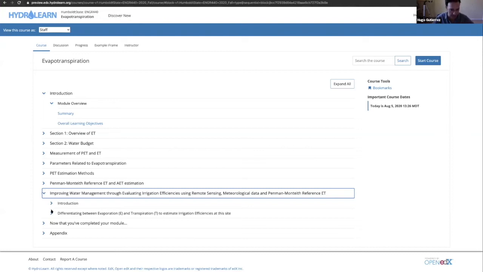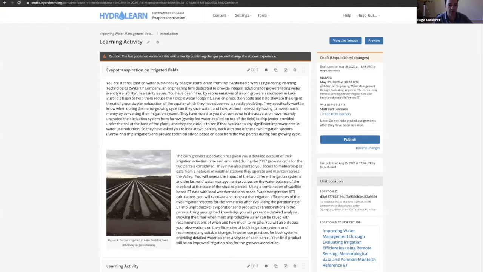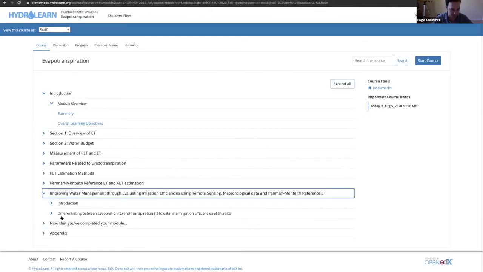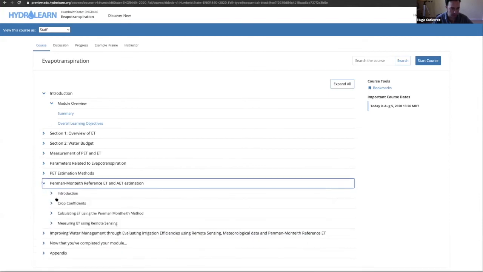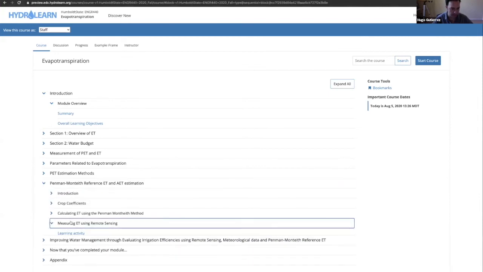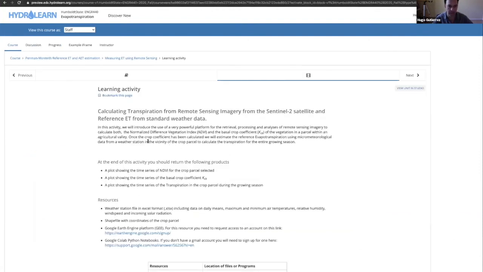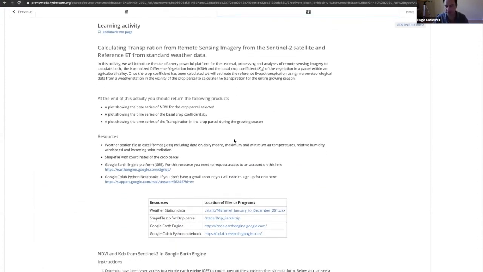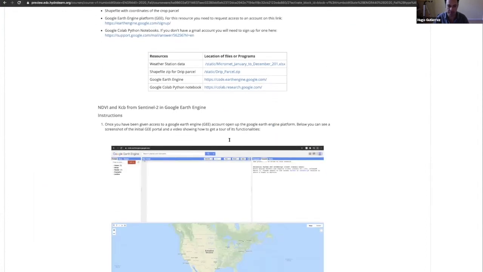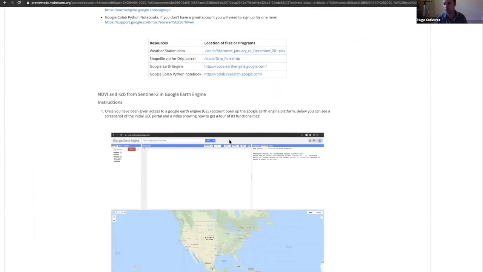So for that, we did basically two things. And I'm going to show you the examples. We have a learning activity that includes calculating transpiration from remote sensing imagery, basically using Sentinel data, where we give the students an opportunity to do a little bit of coding.